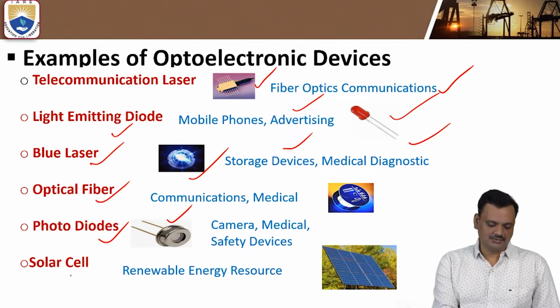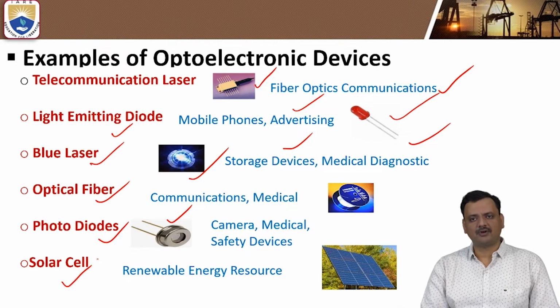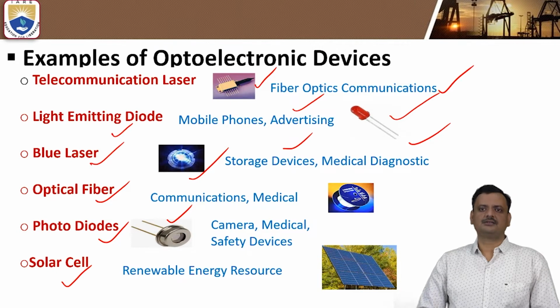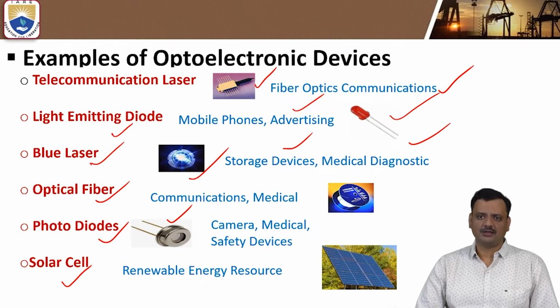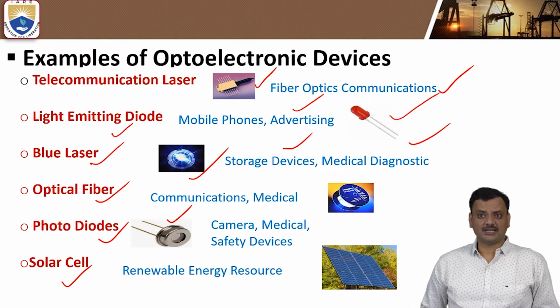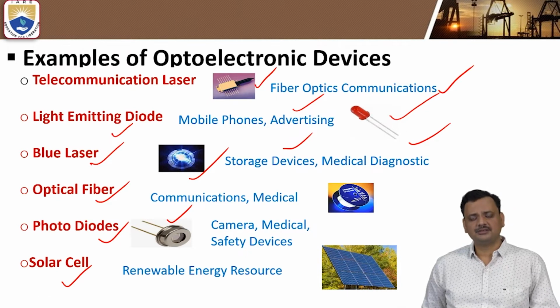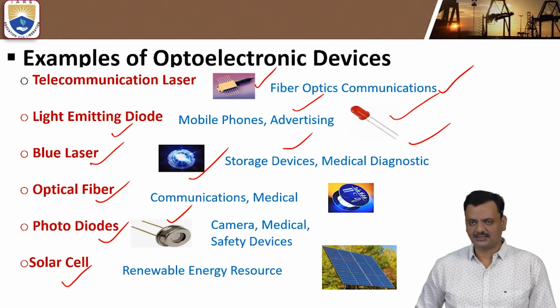The other optoelectronic device is the solar cell, which is very important nowadays in the field of renewable energy resources. So these are a few examples of optoelectronic devices: telecommunication lasers, light emitting diodes, blue lasers, optical fibers, photodiodes, and solar cells.